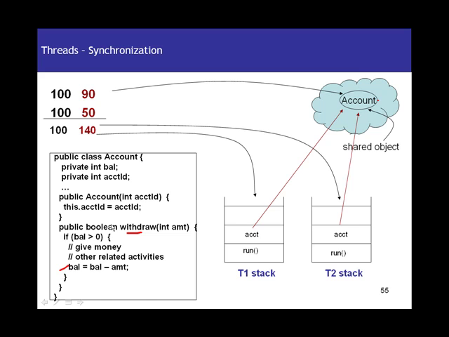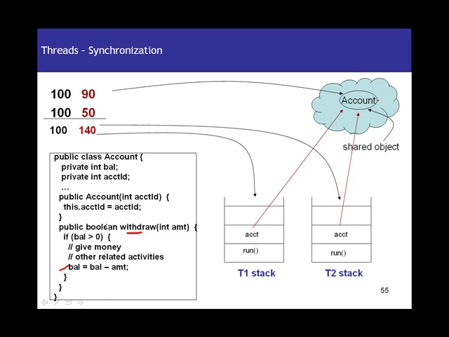So when T2 enters the method, it's going to see that the new balance is 10 now and not 100, right? Because the balance is correctly updated since T1 has completely gone through all the statements in the withdraw method and exited out of the method.